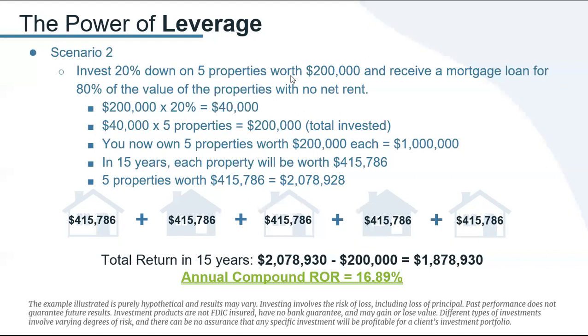And remember, folks, we assume no rent, because when you have properties that you have mortgages on, you've got to obviously pay those mortgages. So in this scenario, I'm assuming no net rent is received by the investor. We're just simply looking at the price appreciation over time. So hopefully that was understandable.